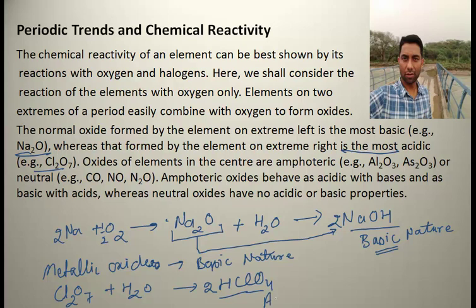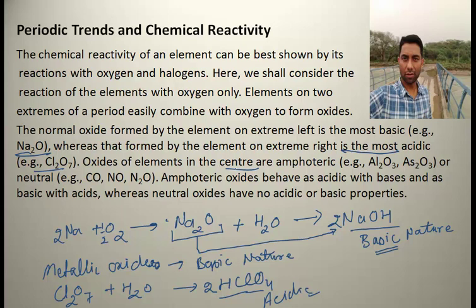So this is acidic, right? Then oxides of elements, now in the center. So we have analyzed the property. The elements which are present at the two extremes of the periodic table are most reactive, whereas the elements which are present in the center are less reactive.